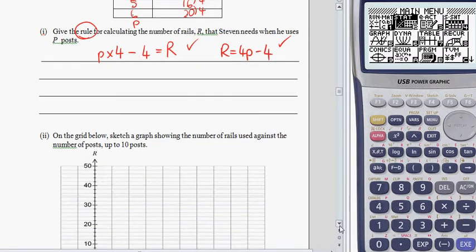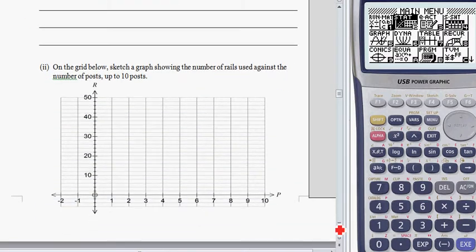Right, and of course we have to draw a graph. So for 2 posts, this will be posts here, and this will be rails. Let's set ourselves up. For 2 posts we need 4 rails. For 3 it's 8. We needed to check the scale here, of course. 2, 4, 6, 8, 10. It's going up in 2s.